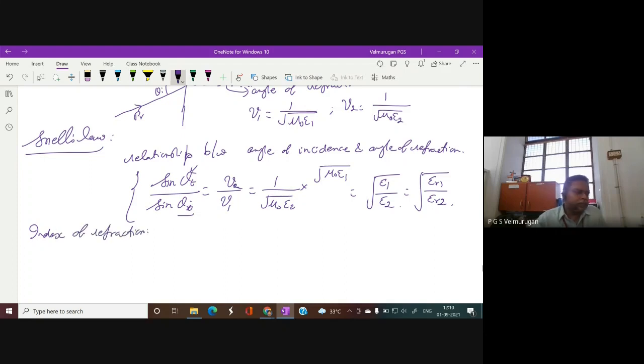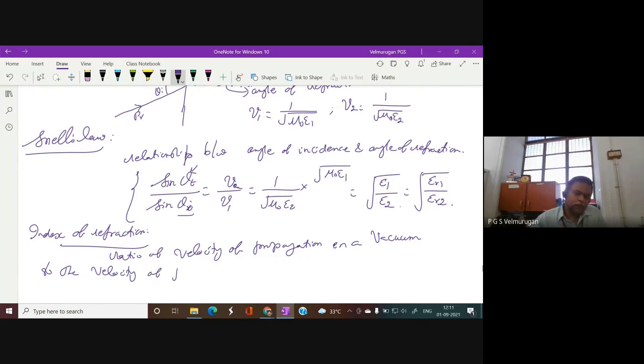What is meant by index of refraction is that it is a ratio of the velocity of propagation in a vacuum to the velocity of propagation in a particular medium.